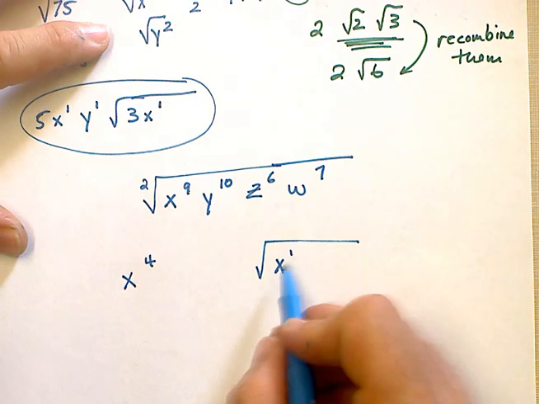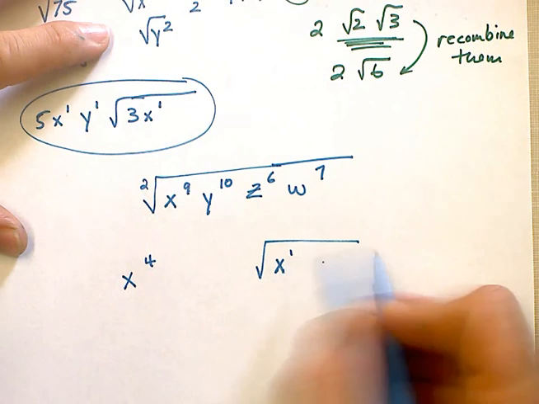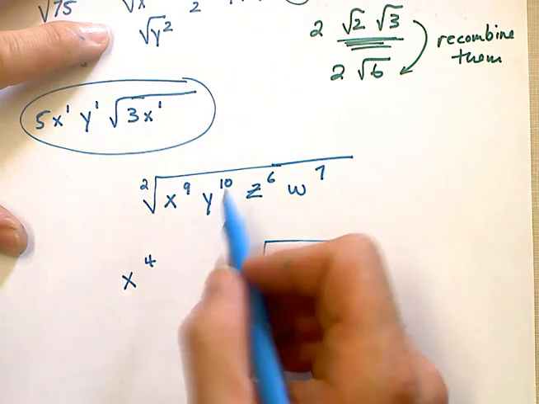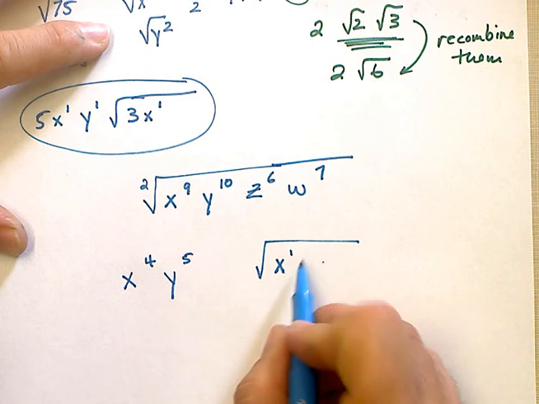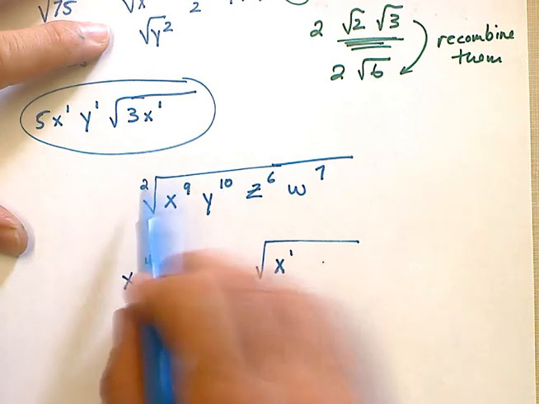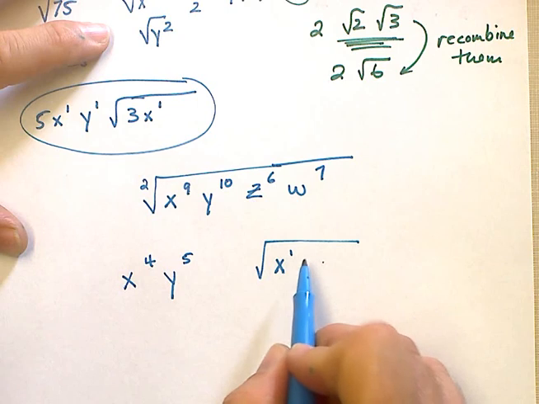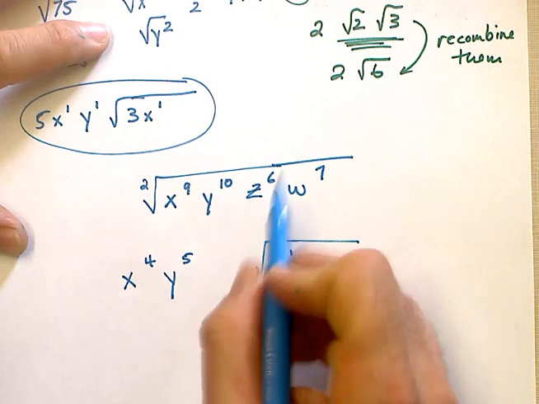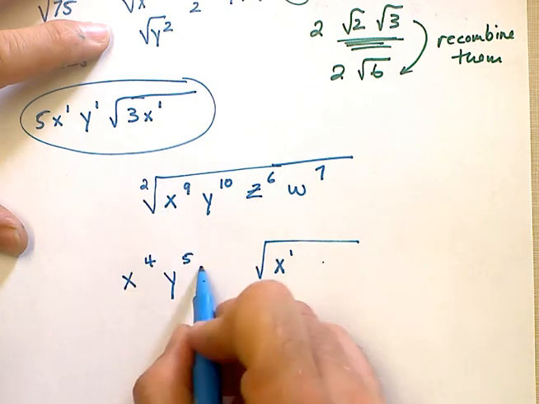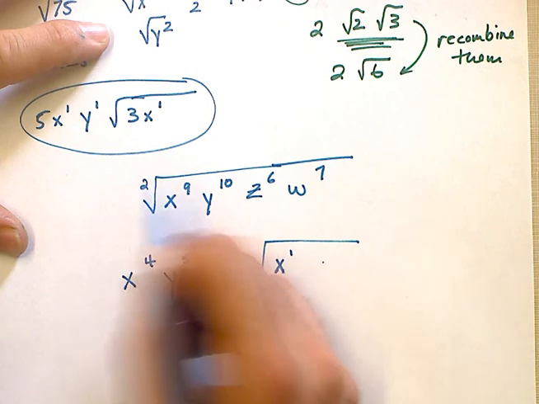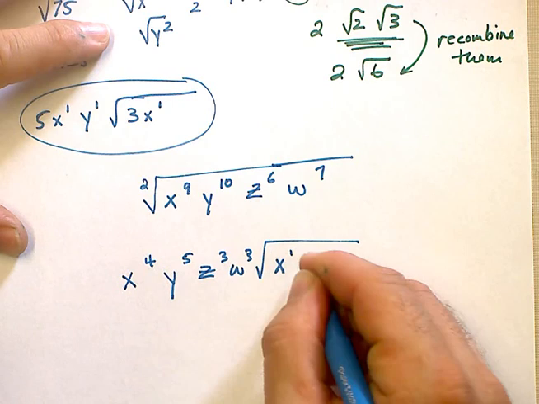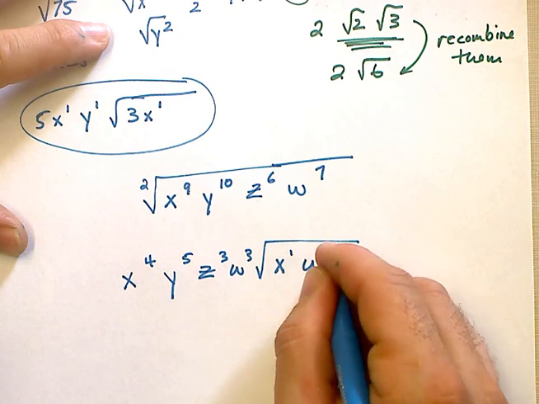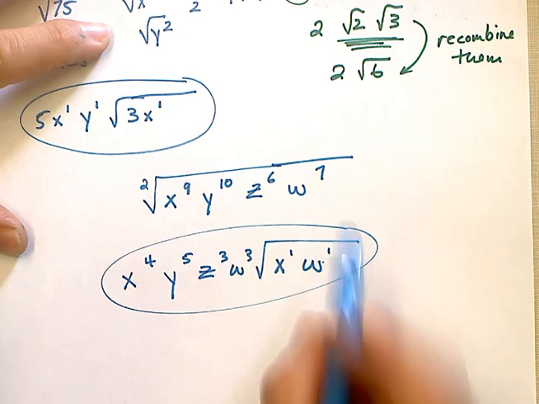Basically, you always end up with a 1, x to a power of 1 in here, or a variable to a power of 1. 10 divided by 2 is 5, so I end up with a y to the 5 here. And because this is divided evenly, I will not have a y left in here anymore. 6 divided by 2 is 3. And then 7 divided by 2 is 3 with a remainder of 1, so I'll actually be left with a w inside the radical there.